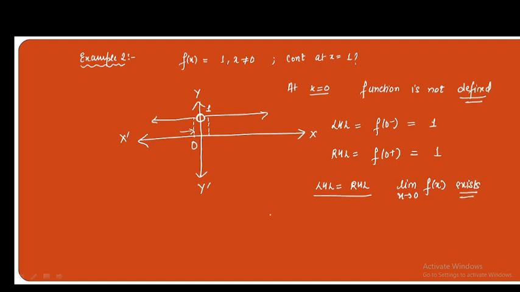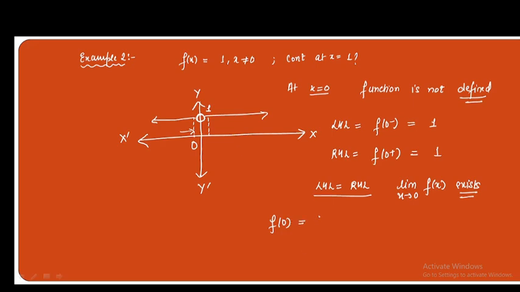Next is what? We have to find f(0), right? So is f(0) given here? No, right? Because it is only defined for either x greater than 0 or x less than 0. For f(0) it is not defined.